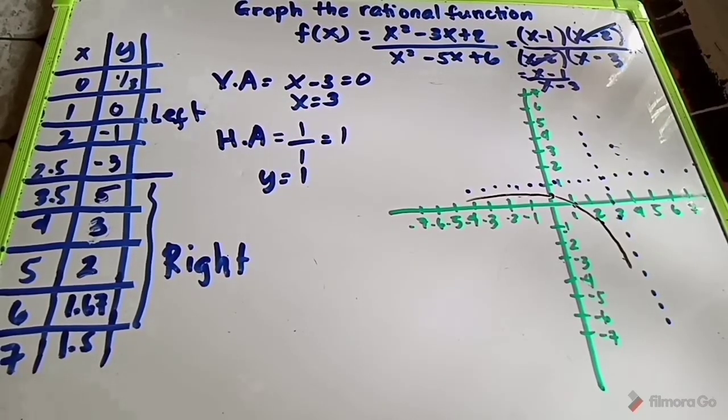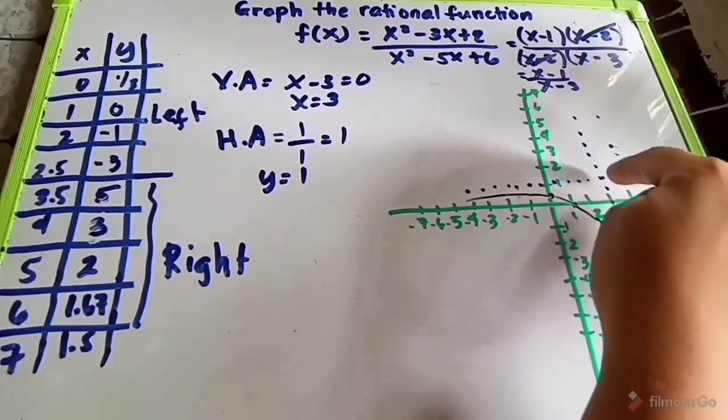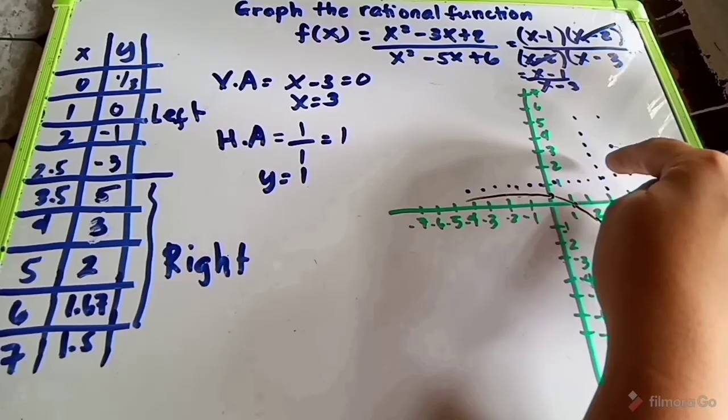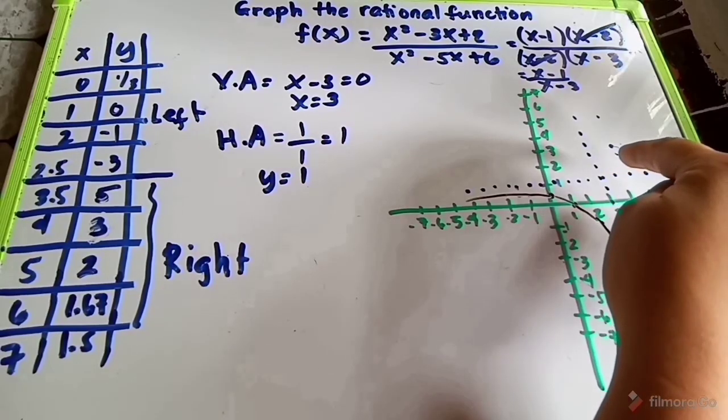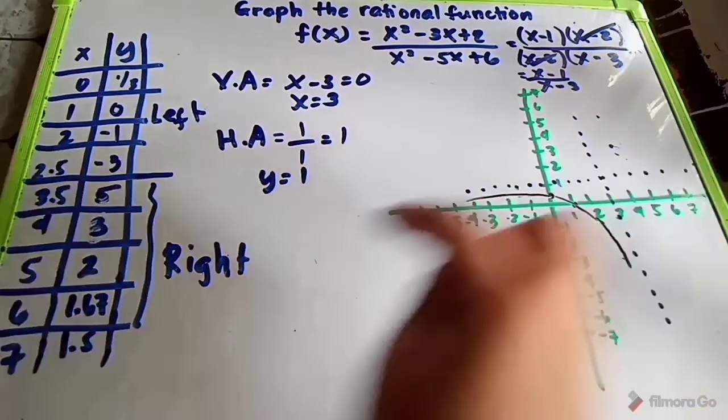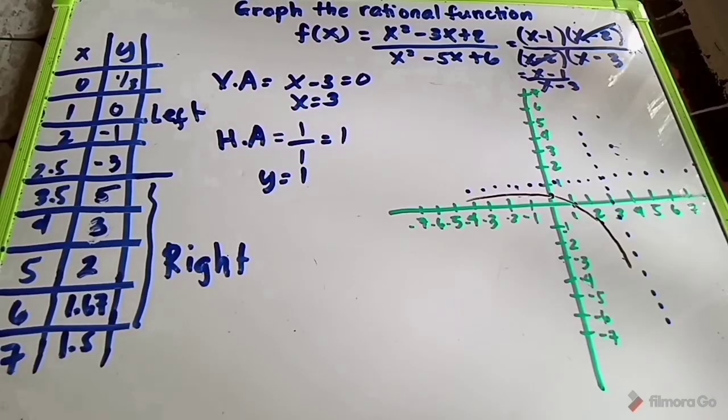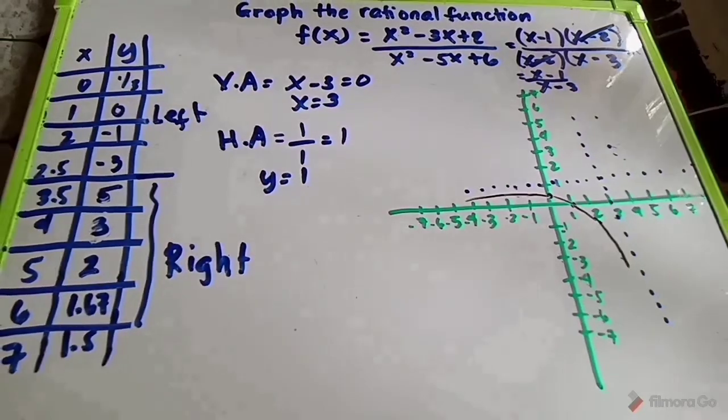So let's go to the right one. 3.5. I repeat, where is 3? This will be the 3. And then where do we put the 3.5 and 5?